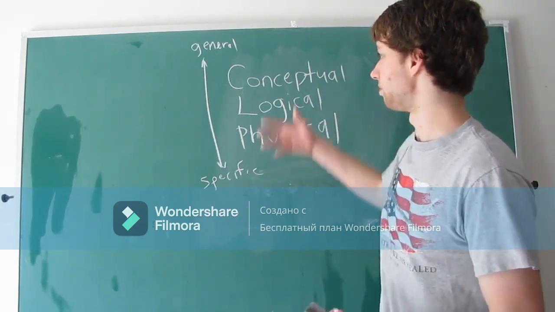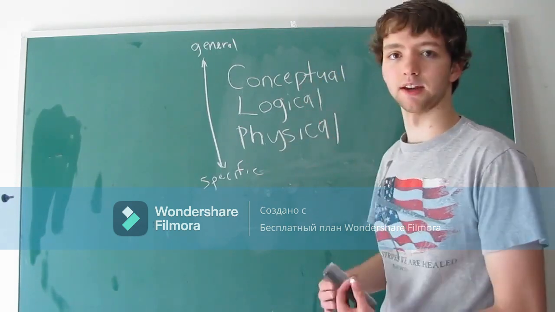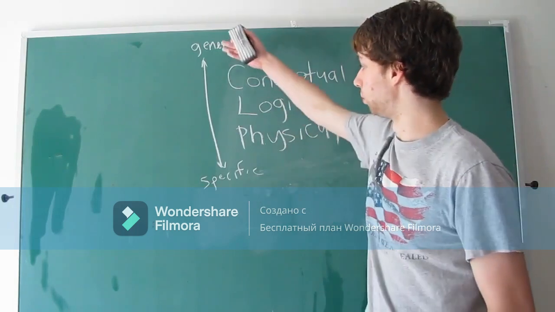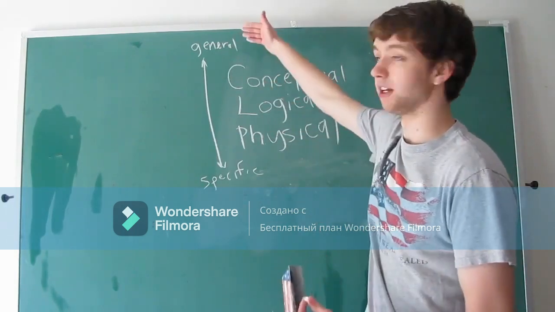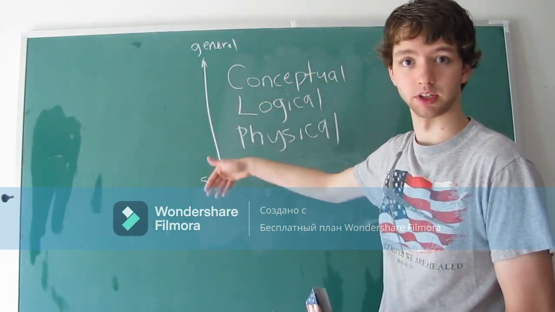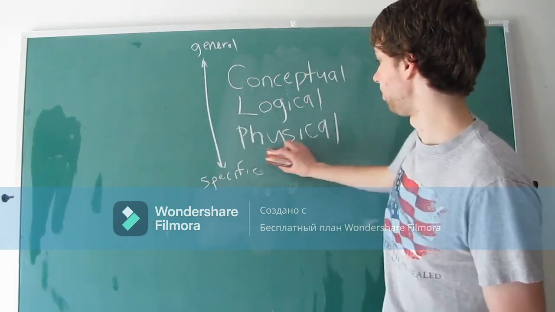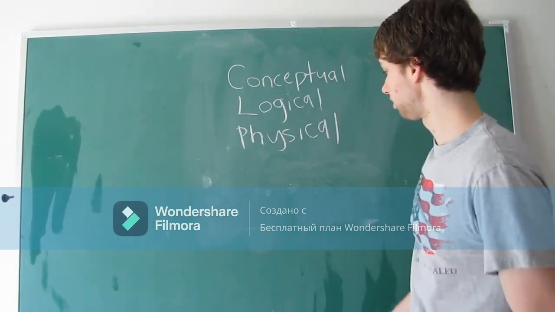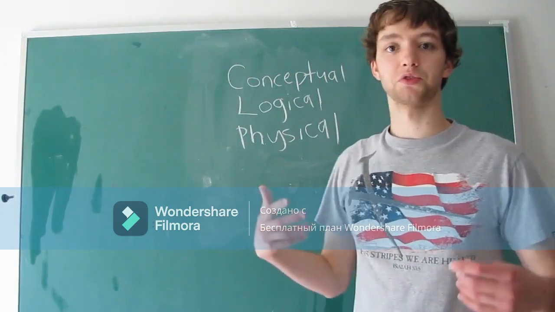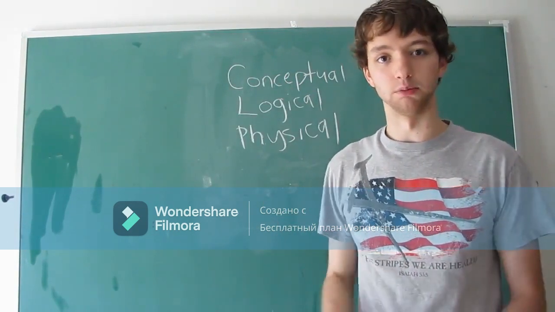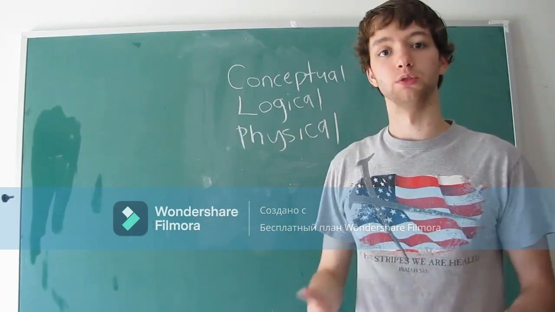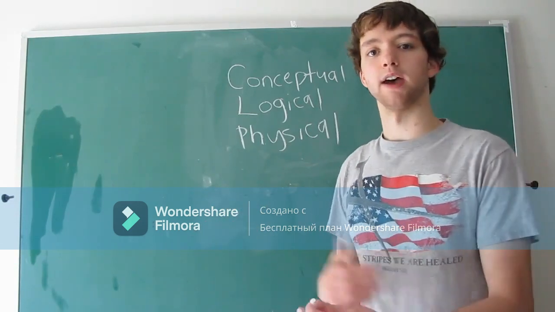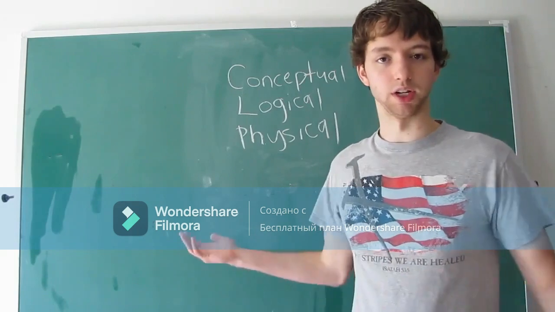So rather than thinking of it like 3 steps, I kind of think of it as a continuum. We are taking our general ideas and moving them to specific implementations. Hopefully that makes sense. But basically, when we talk about these individually, the conceptual just talks about how data is related, because in a relational database management system, we have relationships between tables.